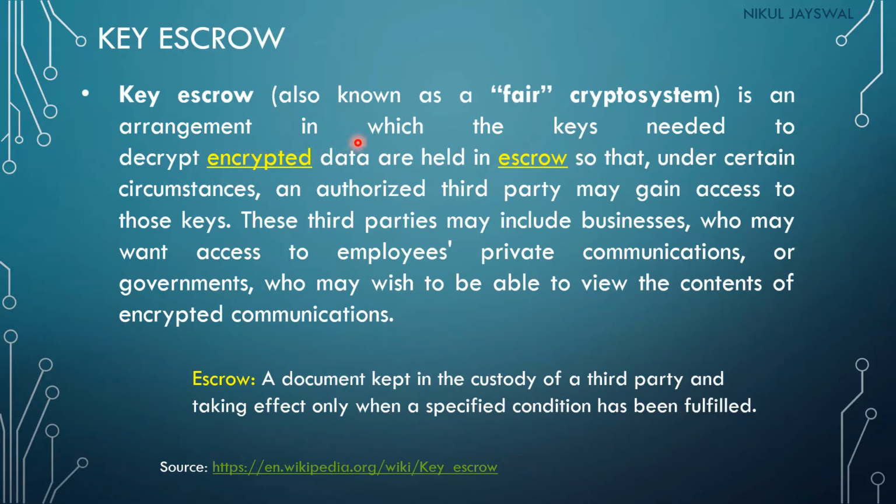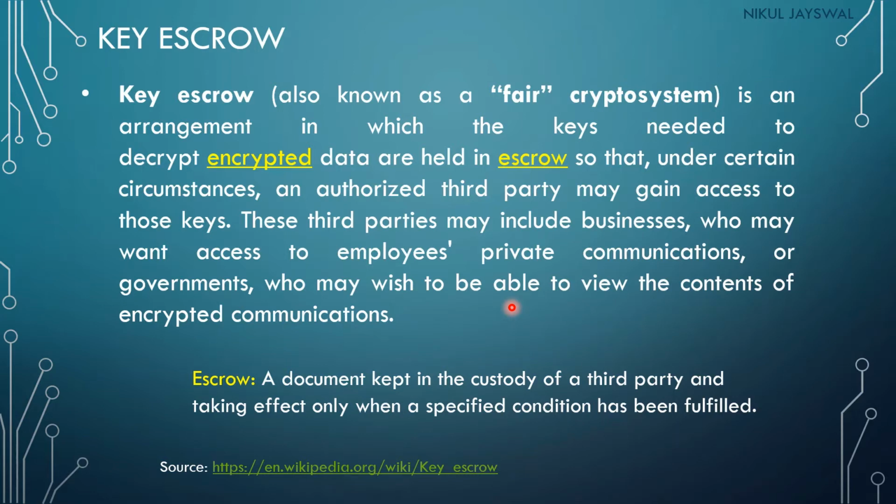This is the arrangement in which the keys needed to decrypt encrypted data are held in escrow so that under certain circumstances an authorized third party may gain access to those keys. So these third parties may include businesses who want access to employees' private communication or governments who may wish to be able to view the content of the encrypted communication.